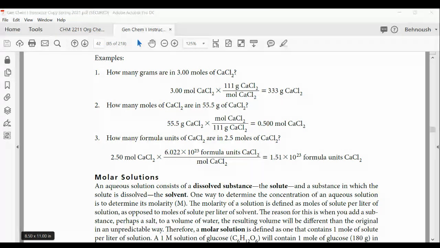So instead of the atoms, if you have the molecules, you get the number of molecules divided by Avogadro's number. So it depends on whether you want to get the number of moles of atoms or the number of moles of molecules.